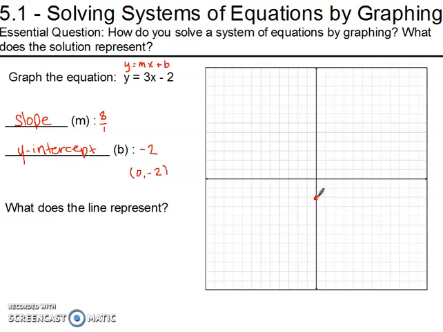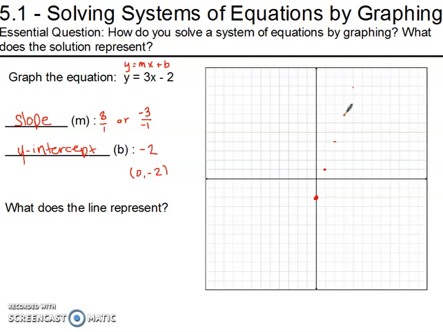So starting at this point, I can go up 1, 2, 3, and to the right 1. I can go up 3, right 1, up 3, right 1. And we see that those points do all follow a linear pattern. Now, because I can divide two negatives and still get a positive 3, I can have -3 over -1, which just means I go down 3 and left 1.